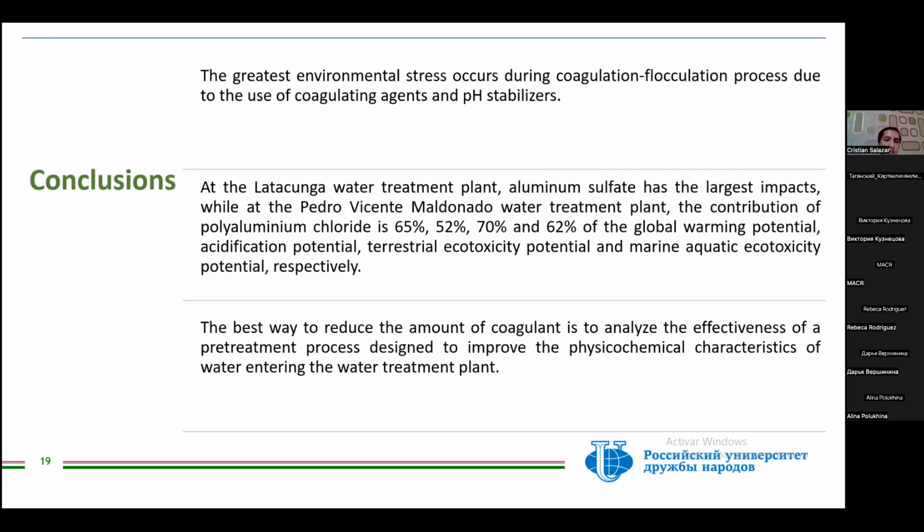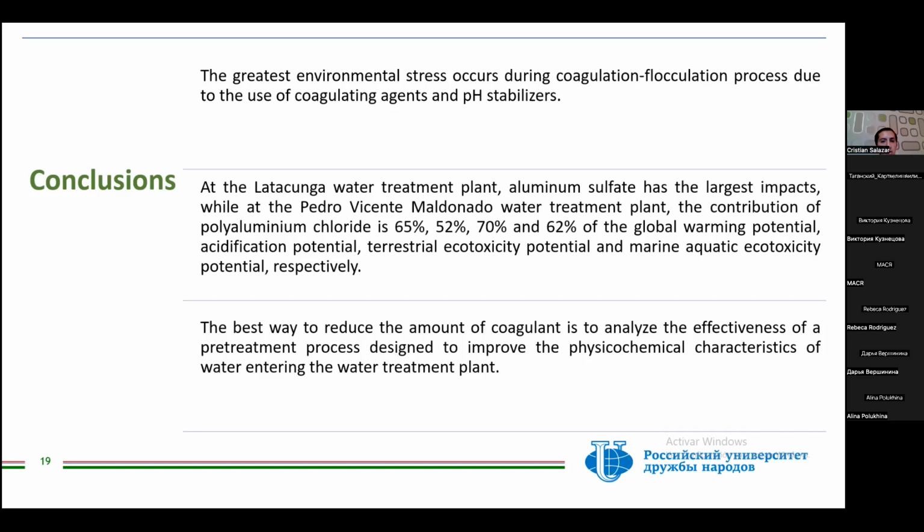In conclusion, let me briefly go through the main things again. The greatest environmental stress, or hotspots, of the studied systems occurs during the coagulation flocculation process due to the use of coagulant agents, for example polyaluminum chloride or aluminum sulfate, and pH stabilizer such as caustic soda.